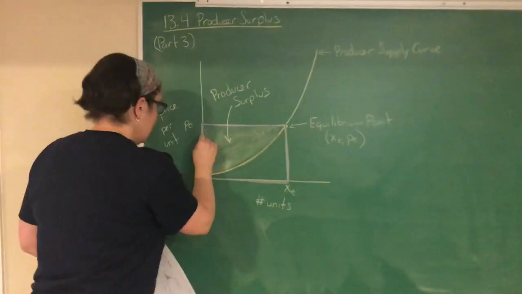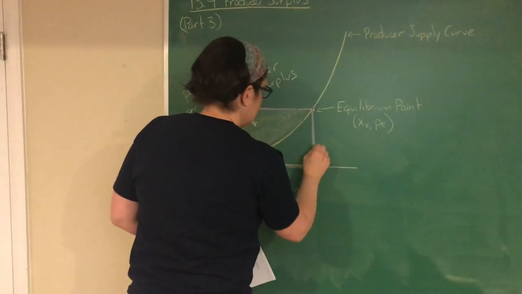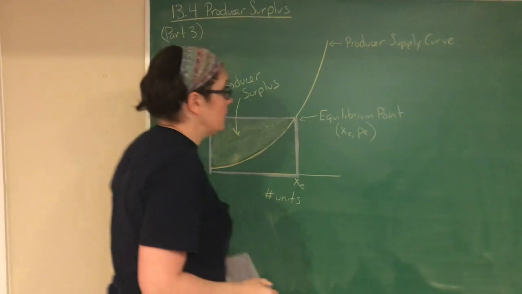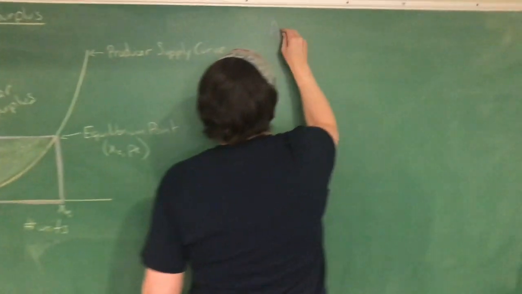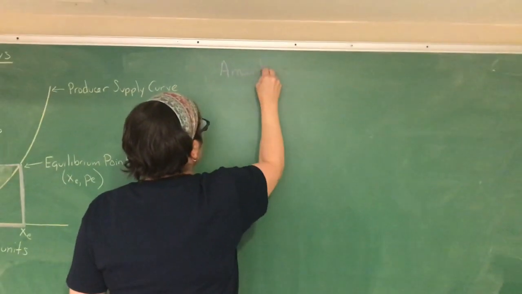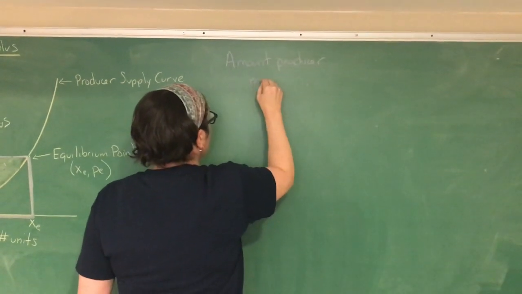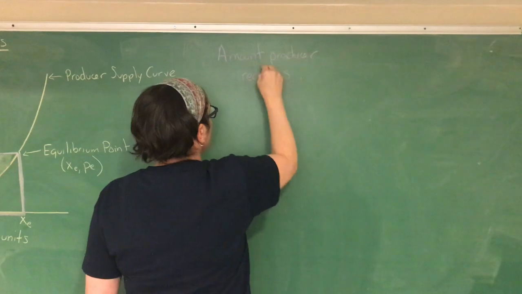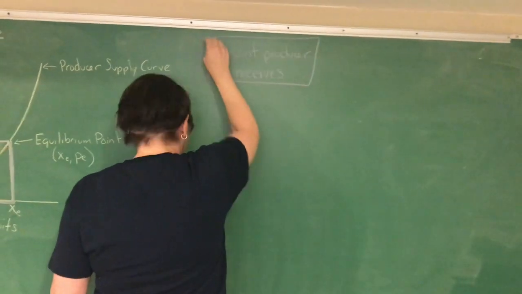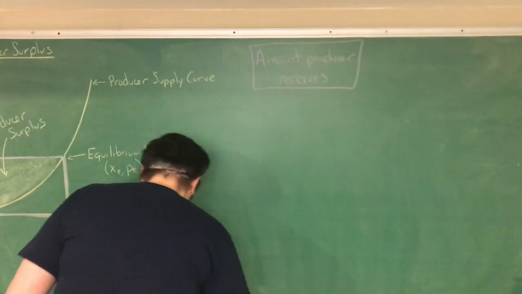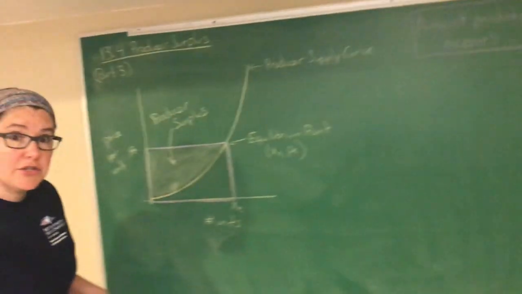Okay, so now that we have our picture, let's write down a formula for producer surplus. So our big rectangle along the outside is the amount that the producer will receive. And we are going to subtract off from that the minimal amount that he or she will accept.